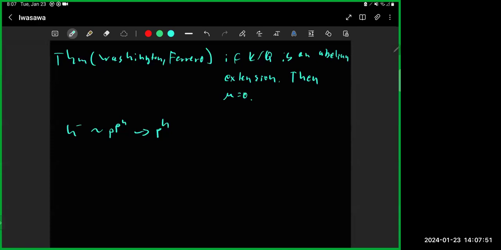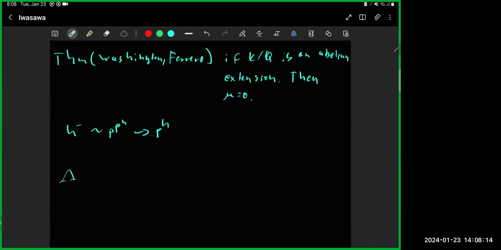The primary idea of everything going after this point is that Iwasawa theory doesn't deal just with these kinds of field tower extensions. It deals with things that are far more general. Namely, it deals with something called lambda modules.